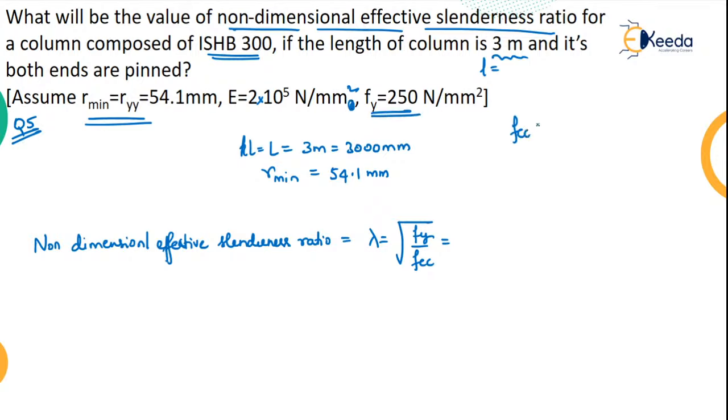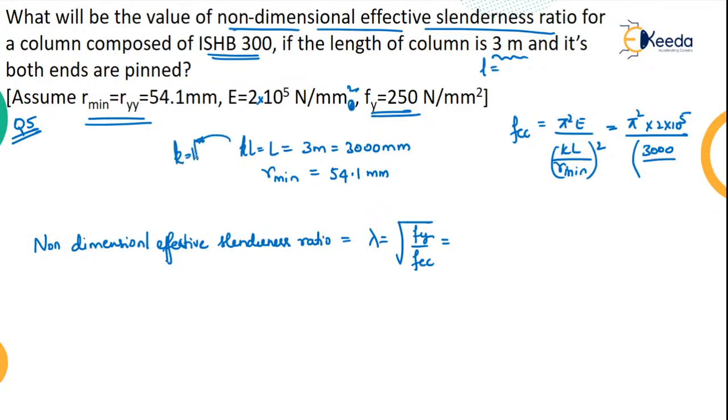Now, what is FCC? FCC is nothing but pi square E by KL by R minimum. We have done similar type of problem in the 1 marker question also, right? If you remember. So, it will be pi square E, which is 2 into 10 power 5, whole divided by L, because it is both ends pinned, KL will be equal to L. Or what you can understand is the value of k is equal to 1 if it is both ends pinned.